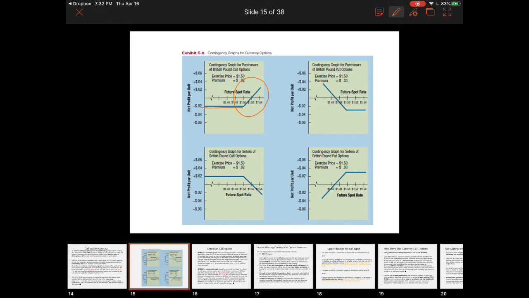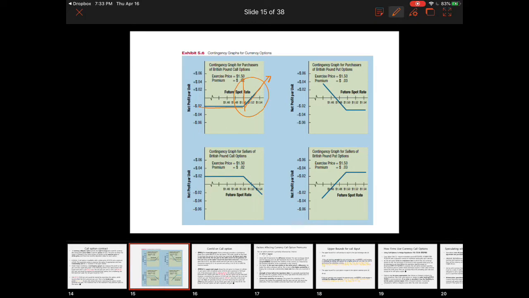That's a loss. And if the spot price goes beyond the exercise price, the payoff increases 1-to-1. A $1 increase in the spot price corresponds to a $1 increment to your payoff as the holder of the call option.